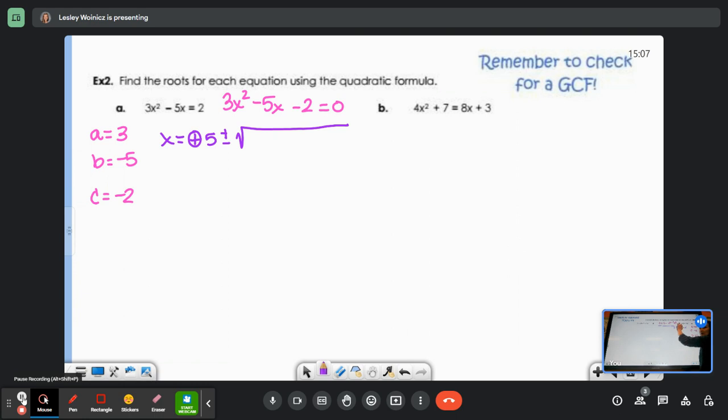Okay, now my b is still negative 5, so I'm going to put it in parentheses and square it. Minus 4 times my a times my c. The whole thing over 2 times my a.